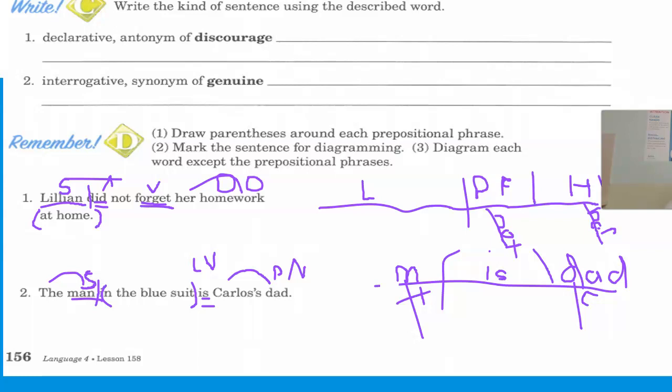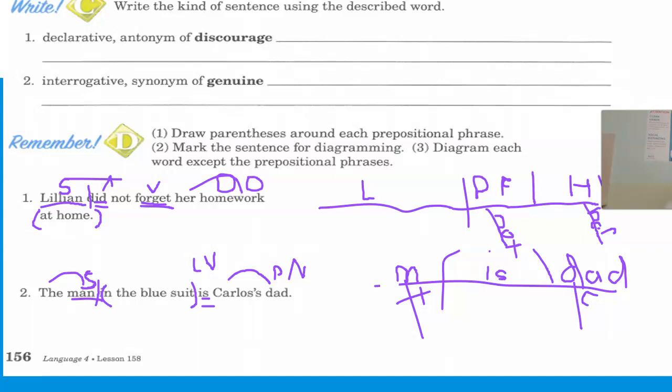So now you're going to go back to Write C. Antonym means words that are opposite or against. So you want to write a declarative sentence that is the opposite of discourage. So if you're not going to discourage someone, you would do, don't say it out loud.